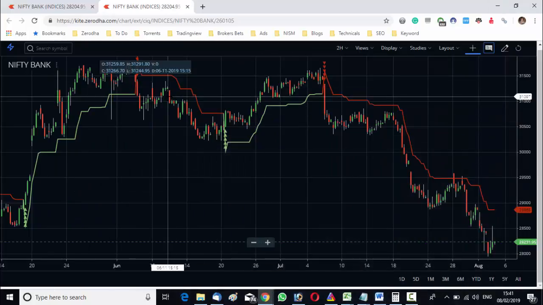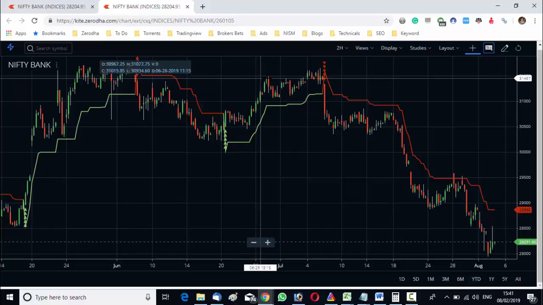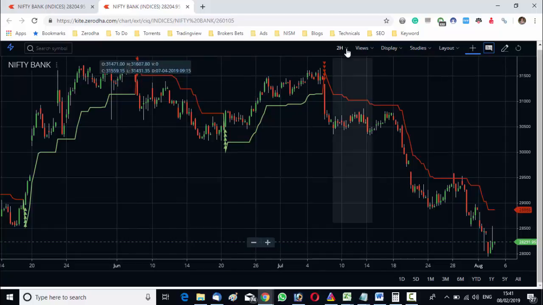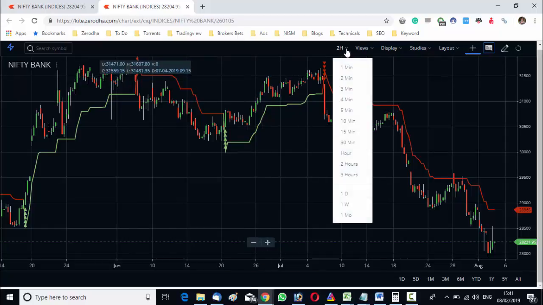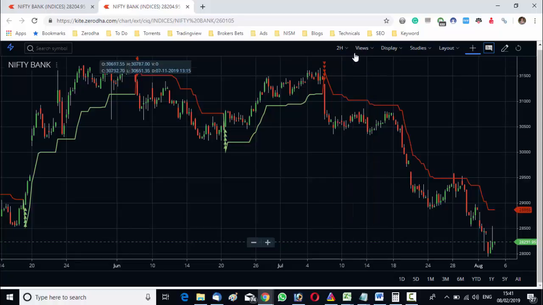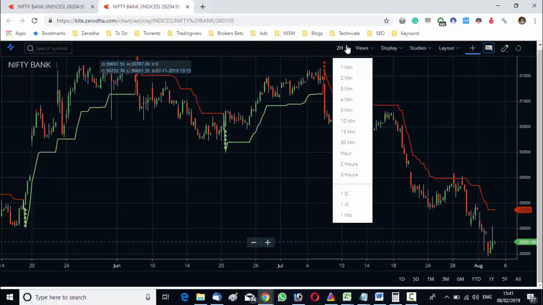If you do not use my exact settings, then also Super Trend is itself a very profitable indicator. But remember, use this indicator on higher time frame charts for maximizing profits. If you are a positional trader, use on 2 hours chart. If you are an intraday trader, trade at least on 15 minutes chart.